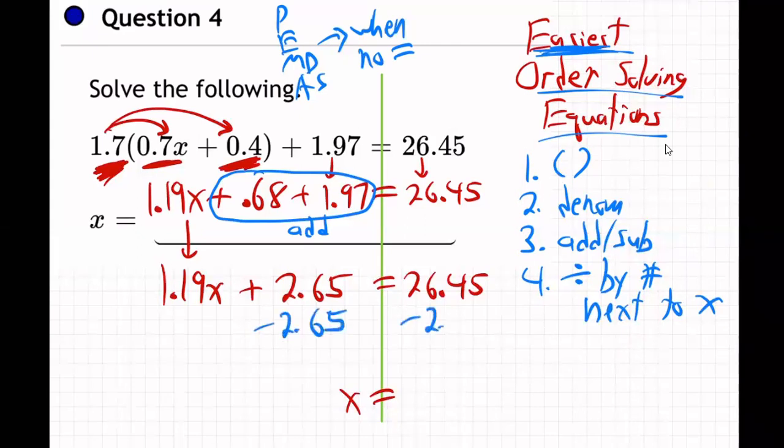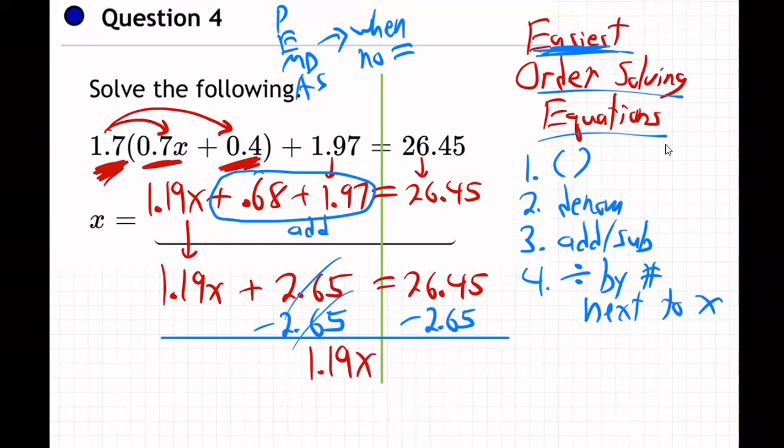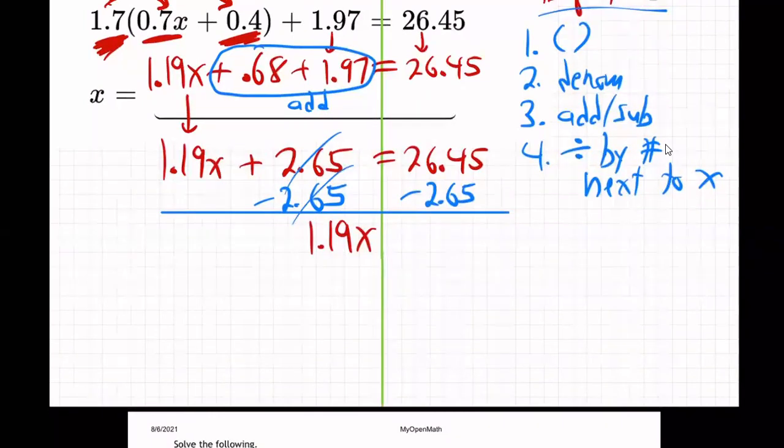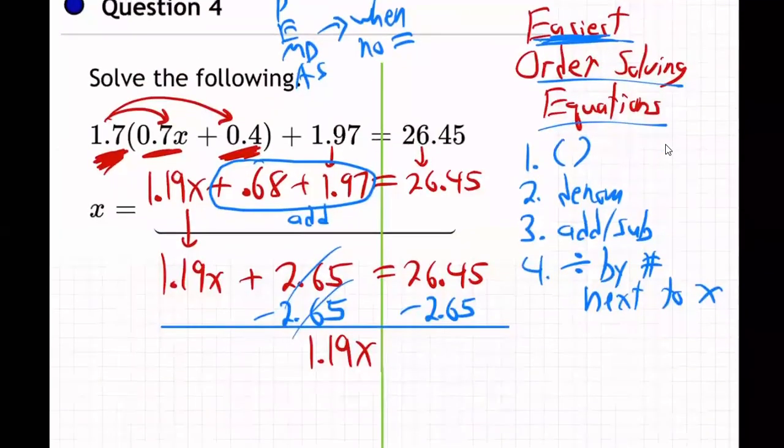Notice I'm doing the opposite. The opposite of what? The opposite of this added 2.65, right? I'm subtracting 2.65. Boom, boom. So what do we get? 1.19x equals, and subtract these on your calculator. 26.45 minus 2.65.